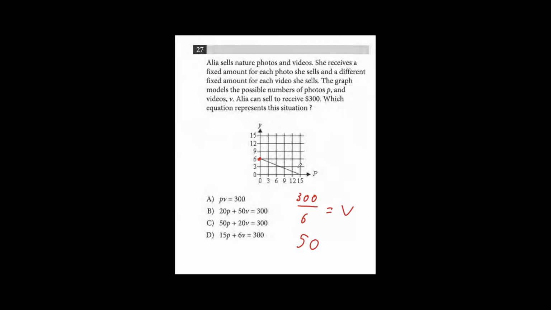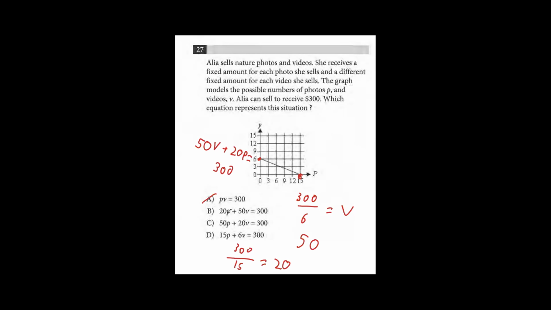And then for P, she only needs to sell 15. So in this case, it would be 300 over 15, which is equal to 20, I'm pretty sure. So in this case, you have 50V plus 20 times P equals 300.